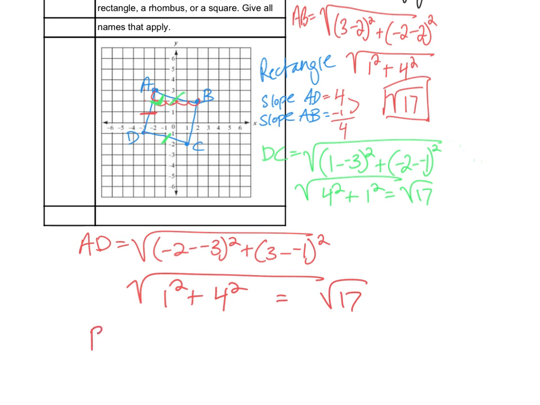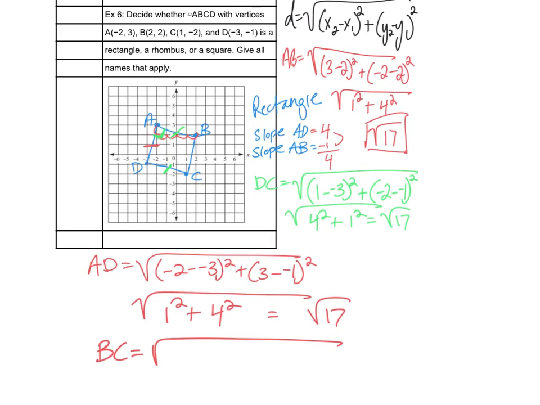The last one, find the distance between point B and point C. Sorry, I need to see the coordinates. It's going to be 2 minus negative 1, squared, plus 2 minus negative 2 squared. You really have to watch your negatives here.